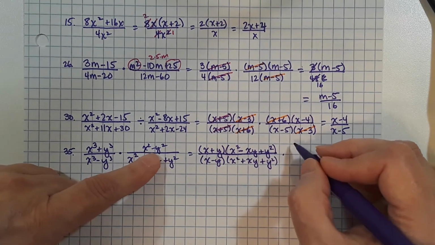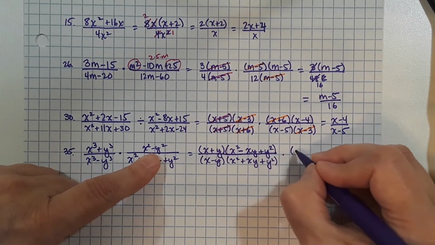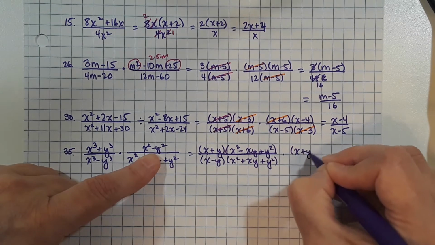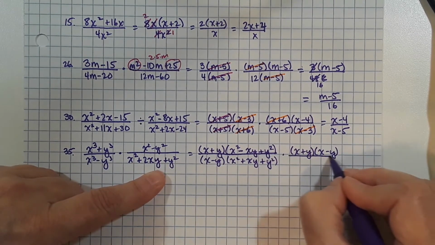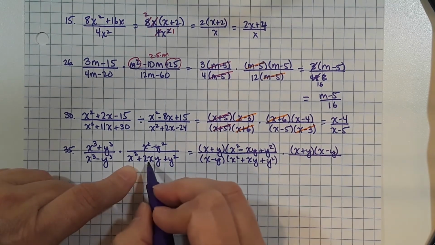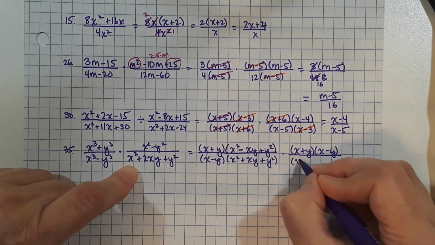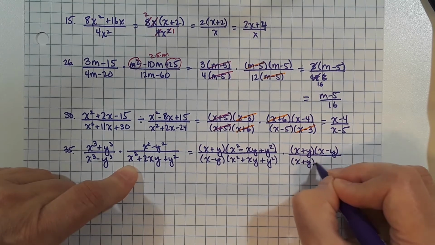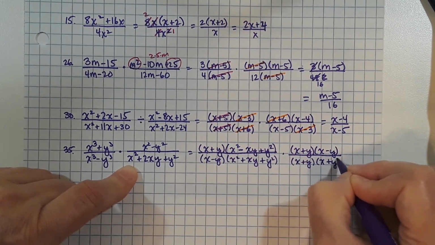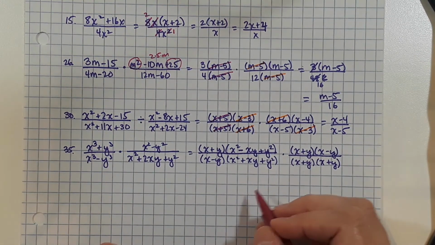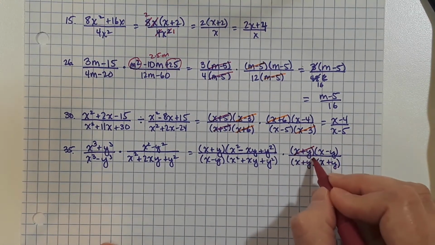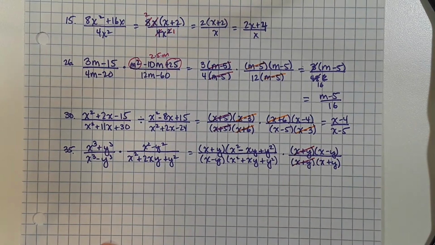so x squared minus y squared is a difference of squares. So that is x plus y, x minus y. And then this one is a binomial square. So it's x plus y times x plus y. Okay, so let's see what we can get rid of here. So I can get rid of an x plus y right there.